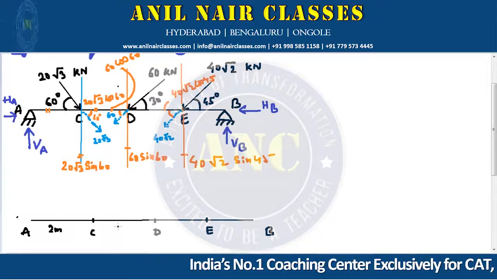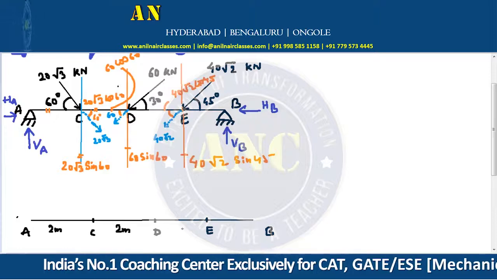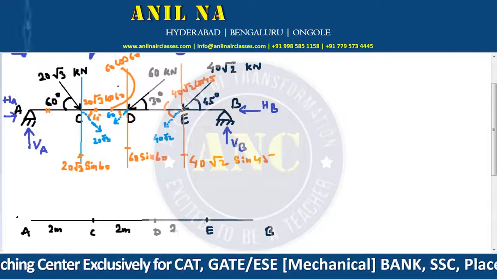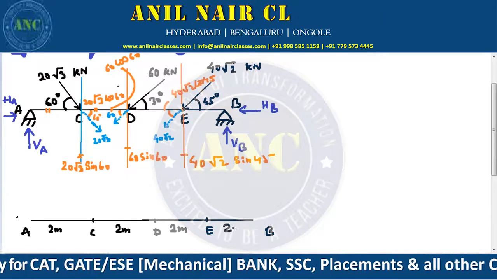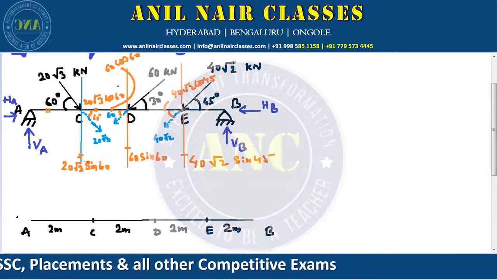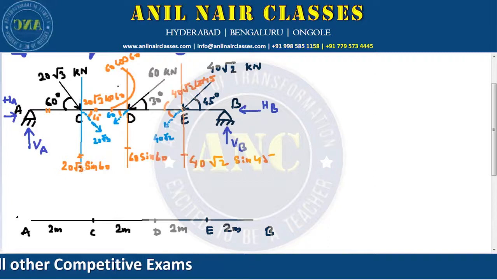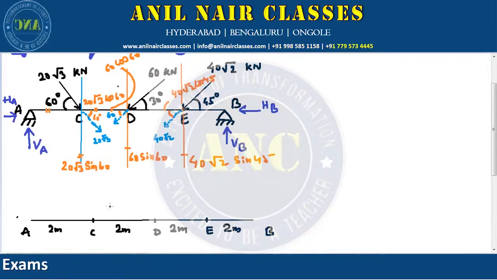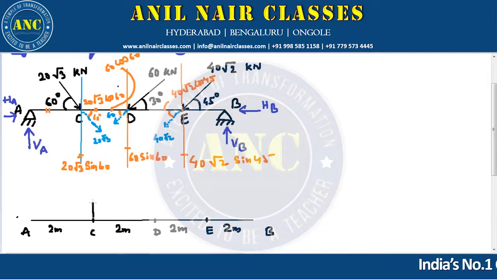This is also 2 meters, this is also 2 meters, and this is also 2 meters. But we have got loads, and all three loads are coming down, right?